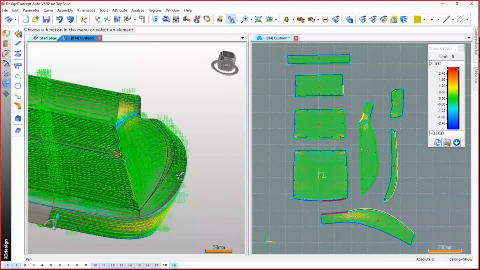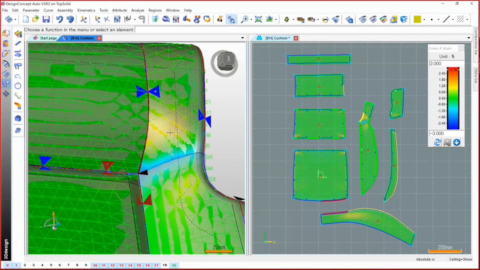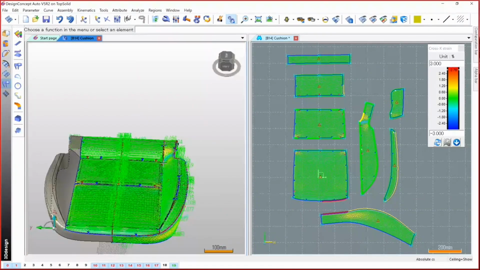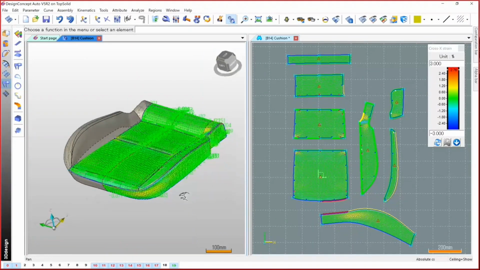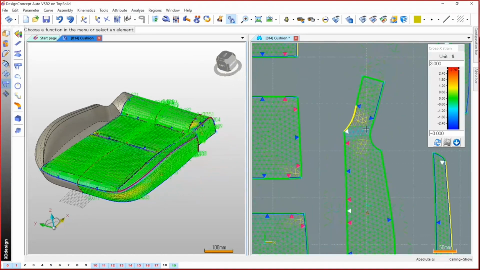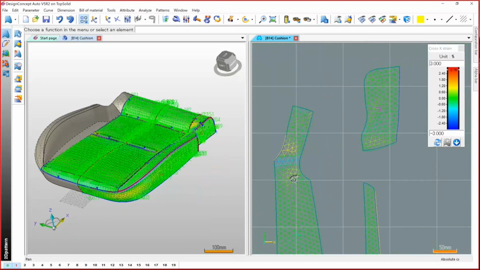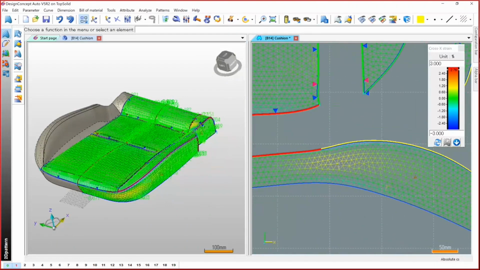Red means more, high tension. Blue means less tension. Fortunately, this design has mostly 0% tension on each area, with a little tension on the front sides, left and right. This is how you can identify how the design has tension in each area.